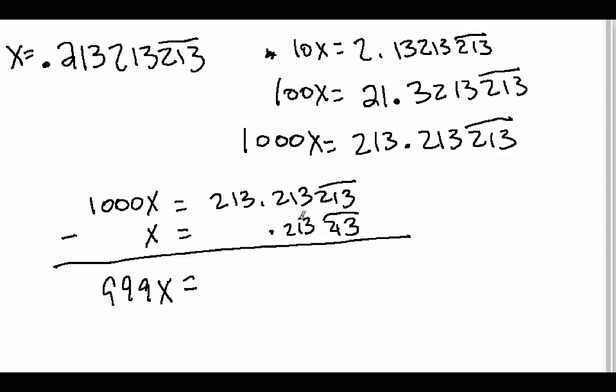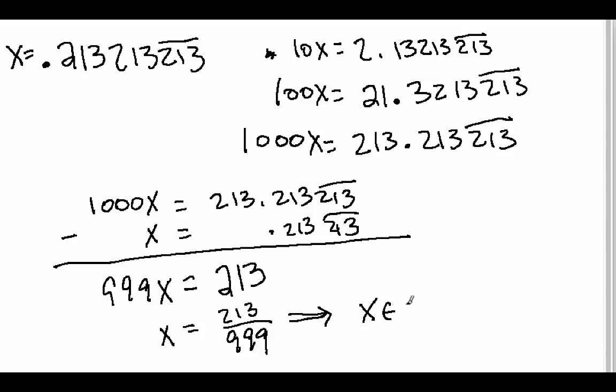And that's equal to, on this side, everything on the right side of the decimal point cancels out, so I'm left with 213. And now I get that x is equal to 213 over 999. And I note that 213 is an integer, 999 is an integer. So from this, I conclude that x is a rational number.